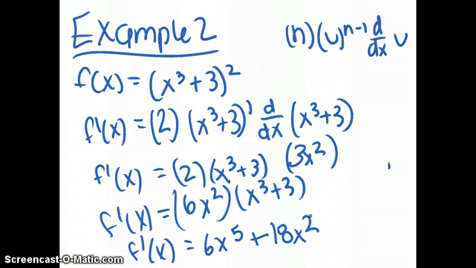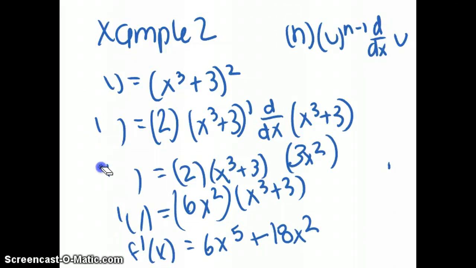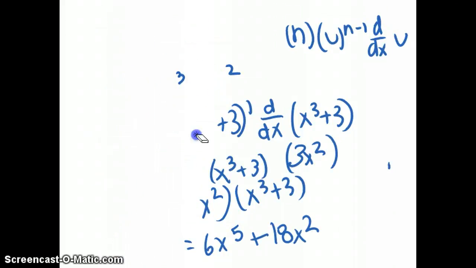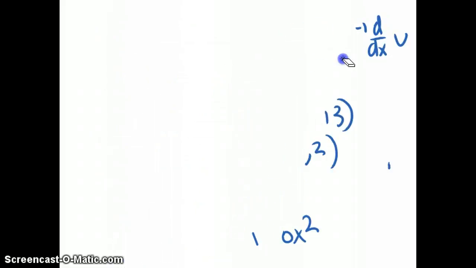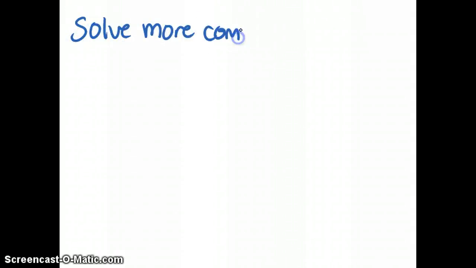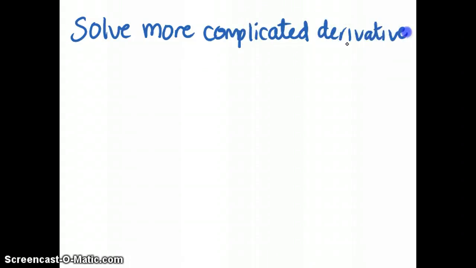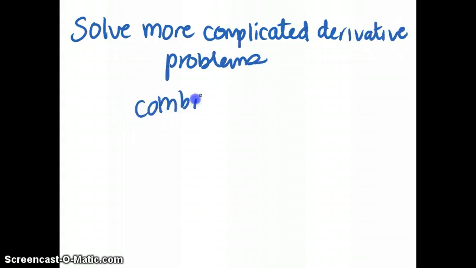And the chain rule is also cool because you can combine it with other rules for finding derivatives. Like, it can be combined with the quotient or the product rule, to help you solve more complicated derivative problems.